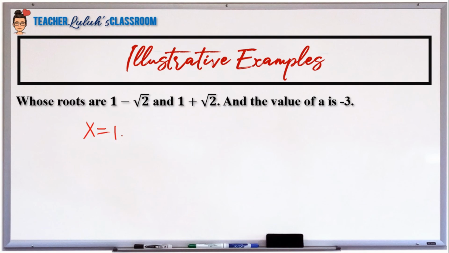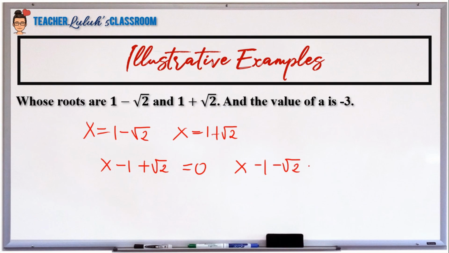Yes, I know what you're thinking. Ma'am, it looks complicated because it will look like this. Yes, we will have x minus 1 plus square root of 2 equals 0 and x minus 1 minus square root of 2 equals 0.